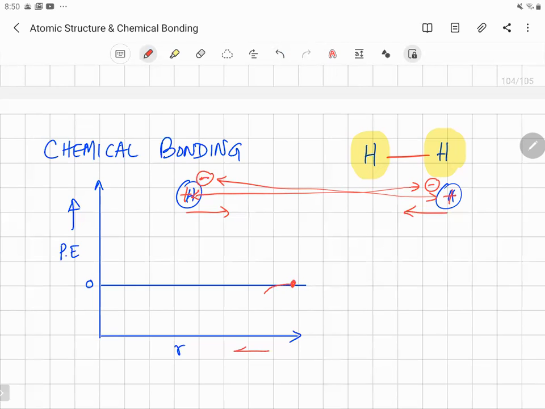What happens as it comes from here to here? What is r here? This distance is r. r is decreasing, right? So if the distance comes closer, this distance gets smaller and smaller, and the energy gets smaller and smaller, and ultimately it goes to a minimum, then it starts increasing like this.